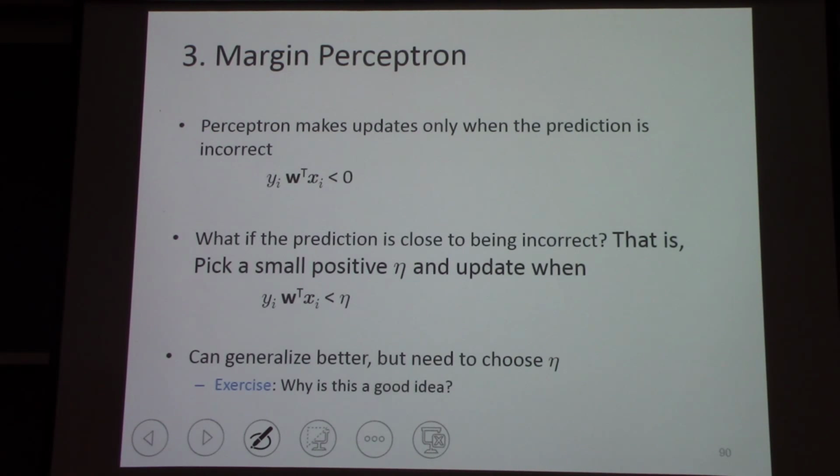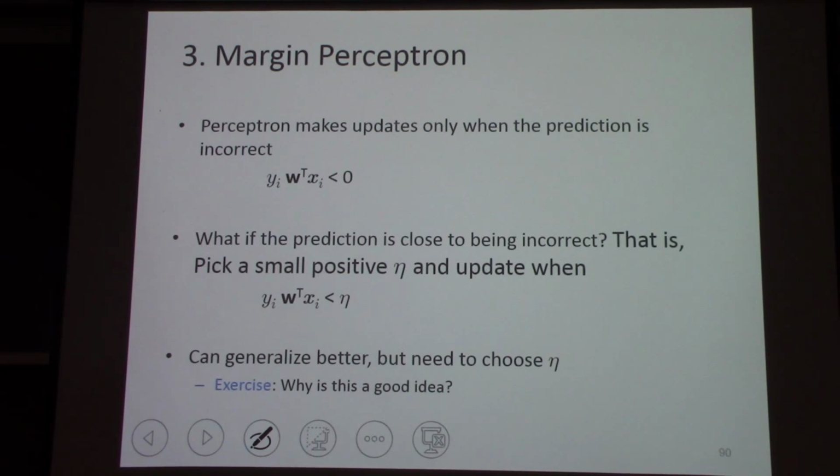Even if y times w dot x is positive, but smaller than some number eta, which is fixed and another hyperparameter, you update the weight vector even though technically it's not a mistake. Because this is like saying your classifier is not very confident, so let me do the update anyway.